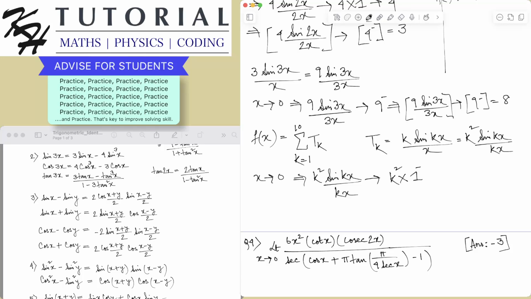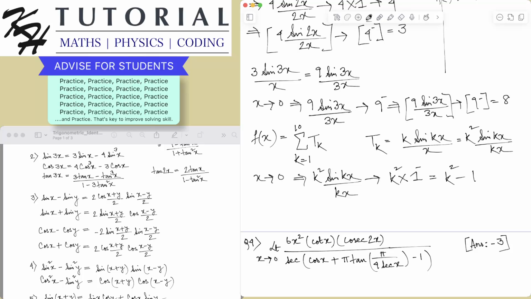Now what will be k square multiplied by a value little less than 1? Obviously this is equal to k square minus 1. Is it so? k square multiplied by 1 minus is equal to k square minus 1. I think I am right.